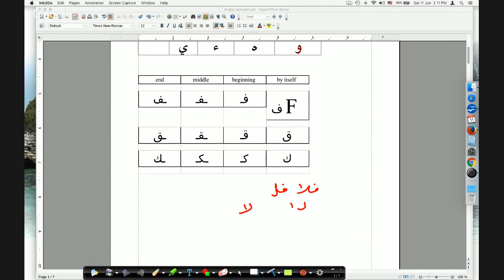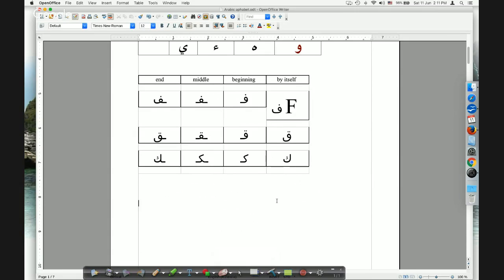If we type it, let me type the word falafel for you. And we go back here. I will type falafel. Go to Arabic. Falafel. Make it big.